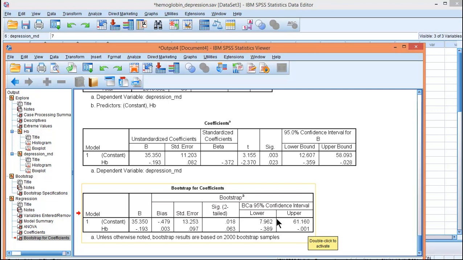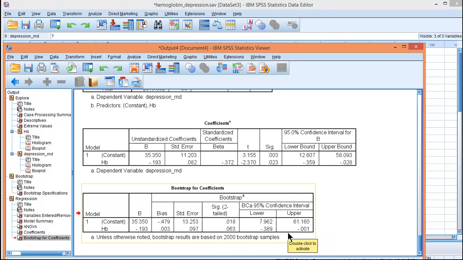And so the bias-corrected accelerated confidence interval for the unstandardized beta weight is a lower bound negative 0.38 and an upper bound negative 0.001. It's just barely statistically significant. So I would probably rely on that value there.